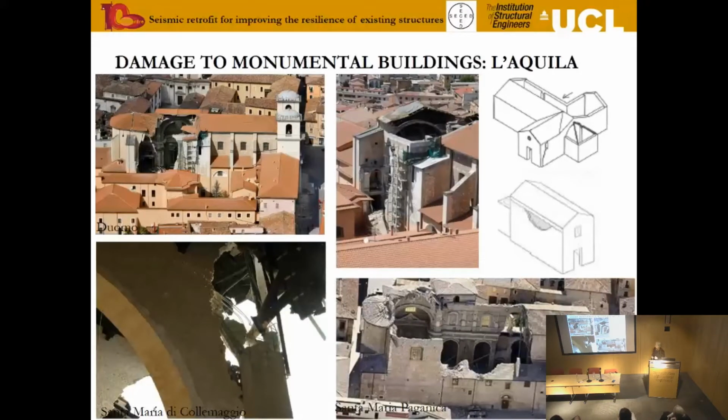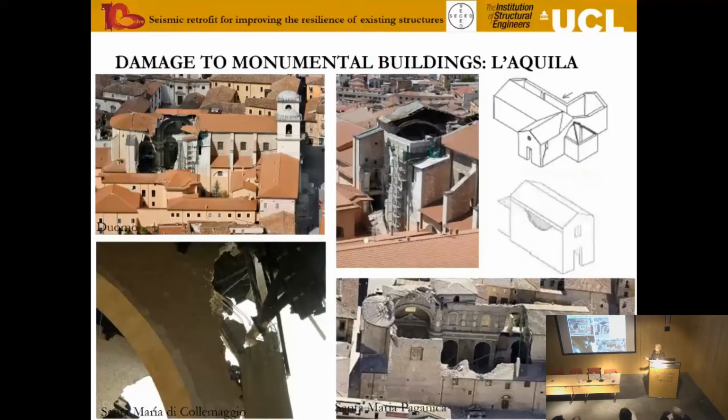To provide a little bit more feedback, we talked about ring beams and rigid diaphragms, and this was implemented indeed since the 1970s in many churches and monumental buildings in Italy. These are three of the main churches in L'Aquila.